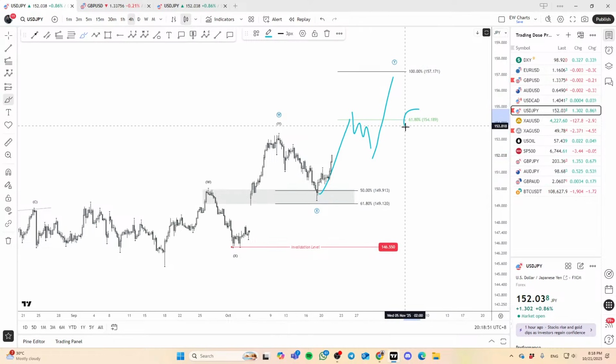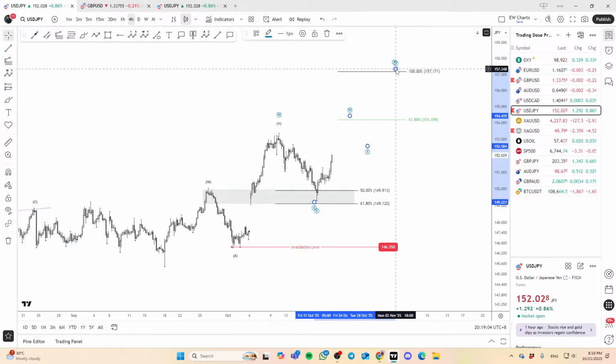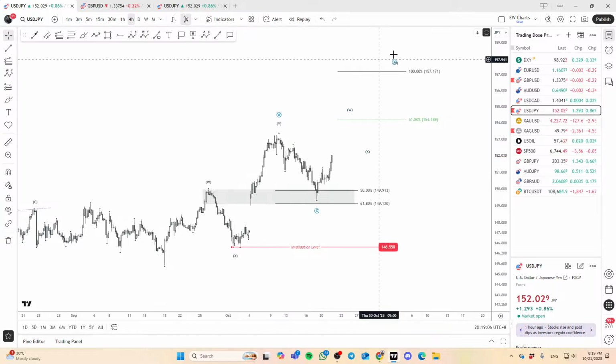So this is where the extension 0.618 comes in to provide us some sort of guidance, where we can then expect an internal three-wave development that looks something like this, right? So again, that's what I've drawn out just now, right?